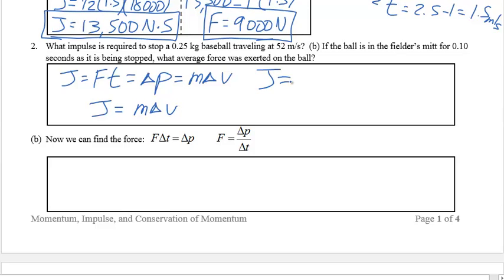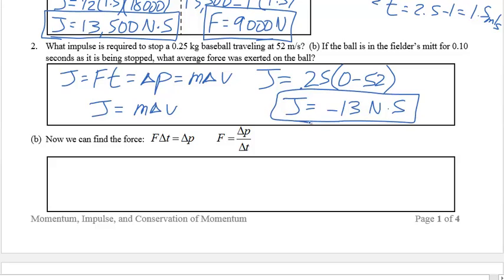So impulse equals the mass in kilograms, 0.25, times the change in velocity. It ends at 0, so that's our final velocity, and it started at positive 52, so final minus initial gives us the impulse of negative 13 newton-seconds. Moving on to part B, now we can find the force if they specifically want to know the force.